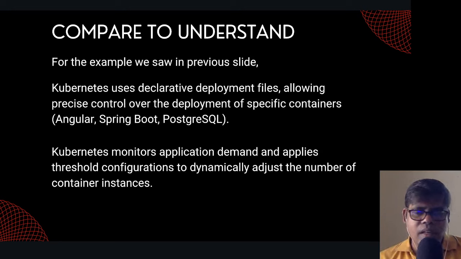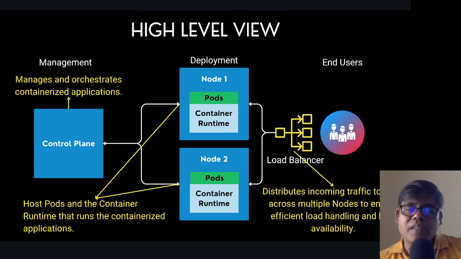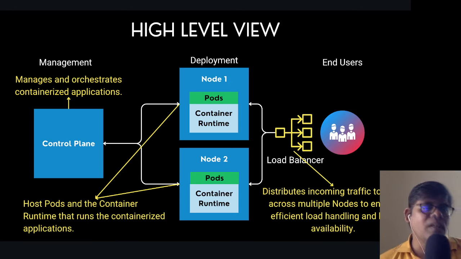Okay, now let us try to look at it from a high level picture view. Obviously a picture conveys more clearly than multiple words. This is very high level, and I didn't depict any internal details of what comprises a control plane, all those things. It's a very high level bird's eye view.